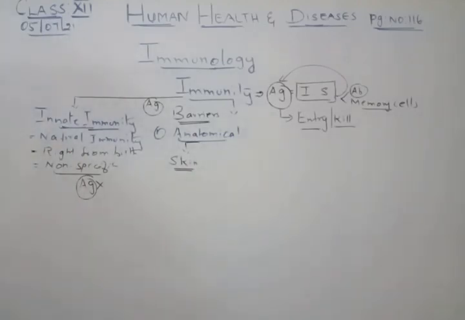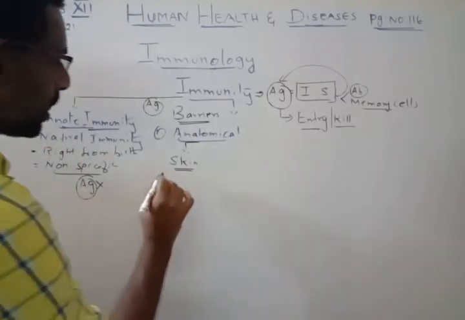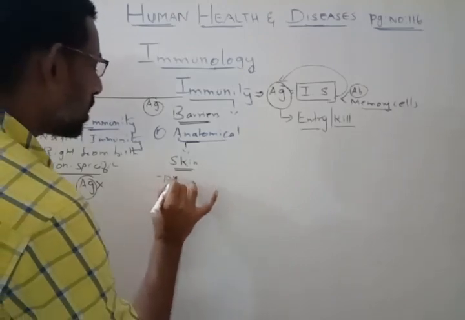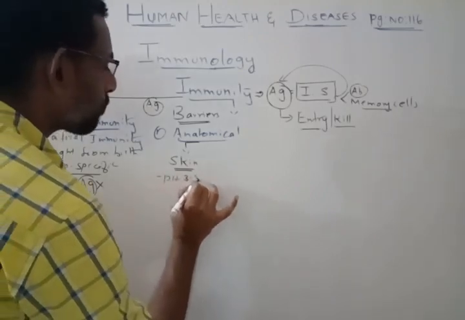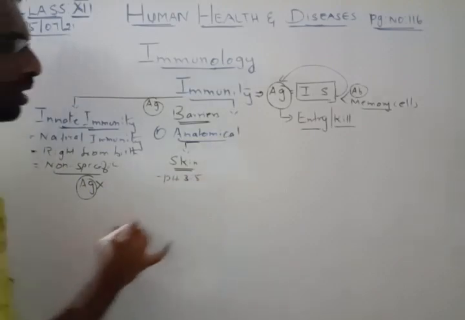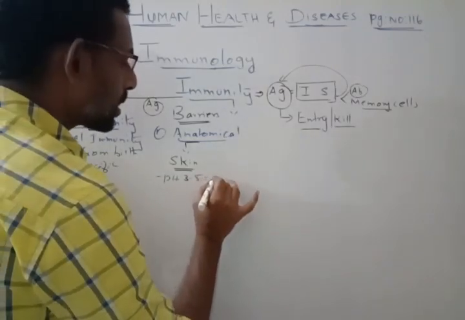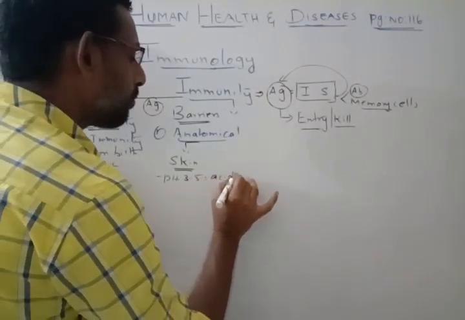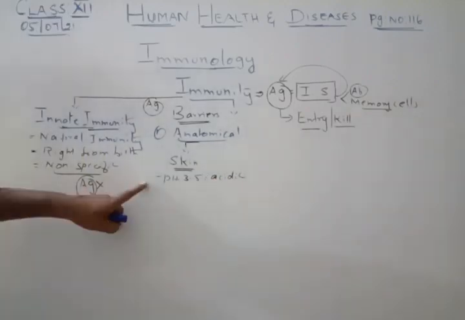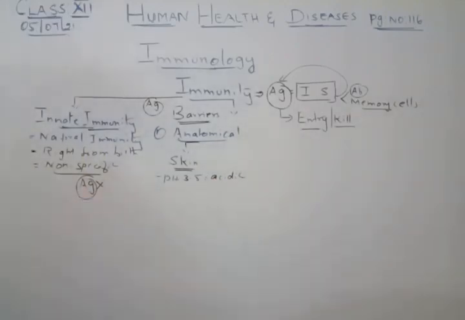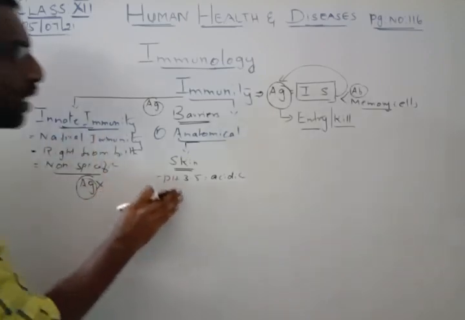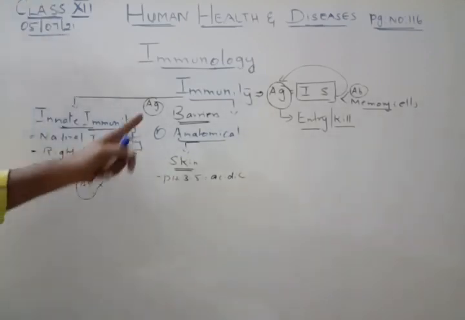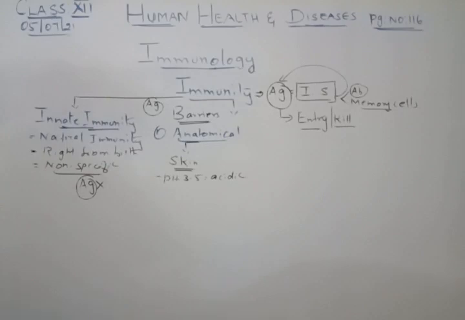The skin is an acidic medium, that is, the pH of the skin is 3 to 5. So the skin is an acidic environment. Because of this acid content, it will not allow the microbes to grow on the skin. That is how the skin prevents the entry of microorganisms.